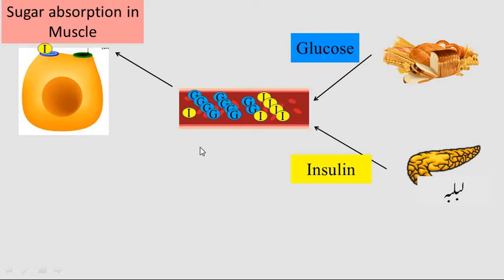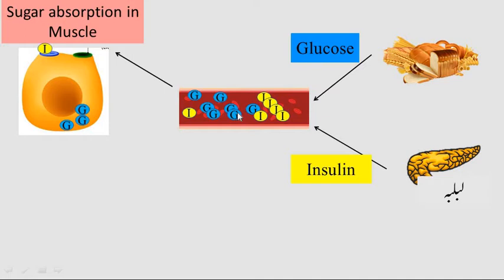This gate is for the sugar or glucose molecule. So first insulin comes and unlocks the gate of the cell, and through this opened gate the glucose molecules in the blood are transferred into the cell.